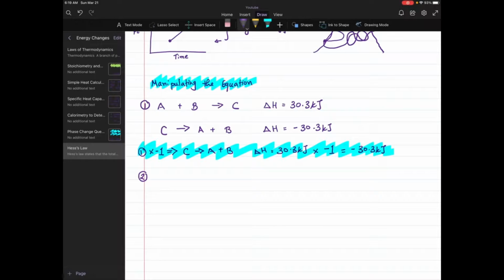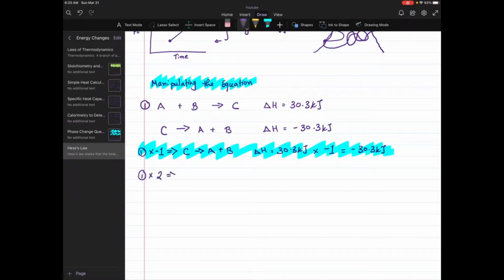So, for example, let's say we have the equation A plus B forms C, where delta H is 30.3, the same equation that I had in number 1. Now, I can multiply the entire equation by 2. So I can take equation number 1 and multiply it by 2.